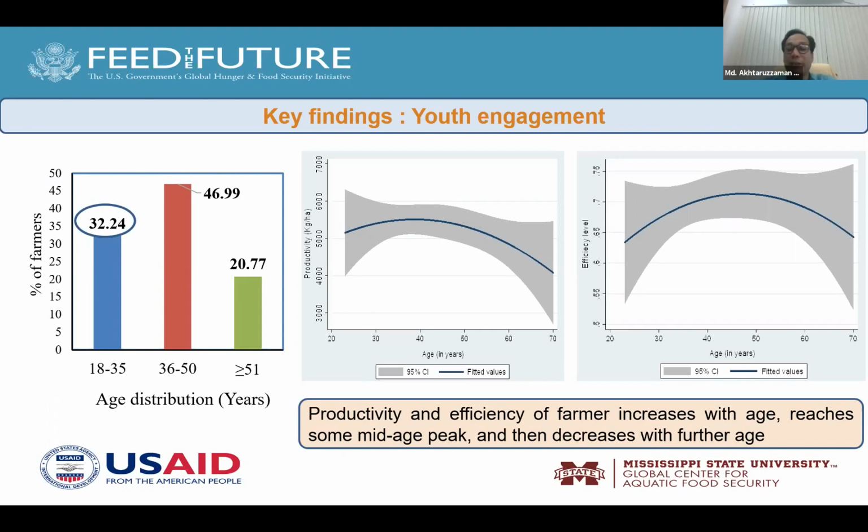The right-hand side figure shows that they reach a mid-age peak and then decrease with further age increase. This mid-age of somewhere around 40 to 45 years was the suitable age for increased productivity and efficiency of the farmer.